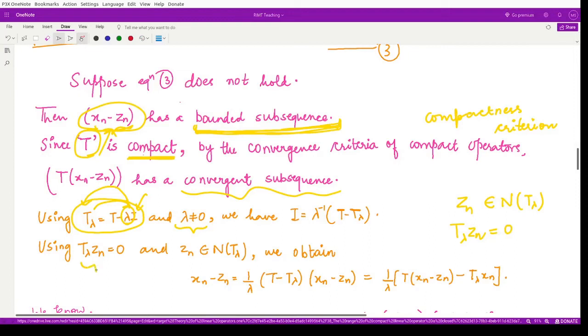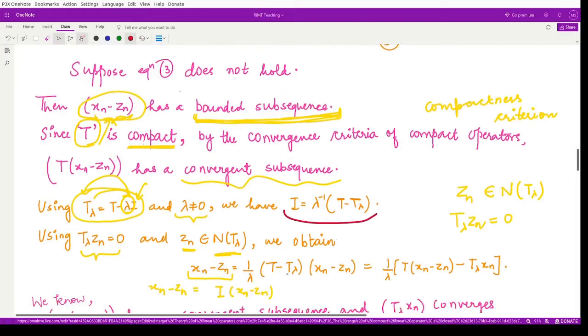Using this, and because Zn was in the null space, what do we want? We want the difference xn minus Zn. We can write this as I, the identity operator, applied to xn minus Zn. And I is defined here as 1 by lambda times T minus T lambda, applied to xn minus Zn. So you have T applied onto xn minus Zn, and then T lambda applied onto xn minus Zn.